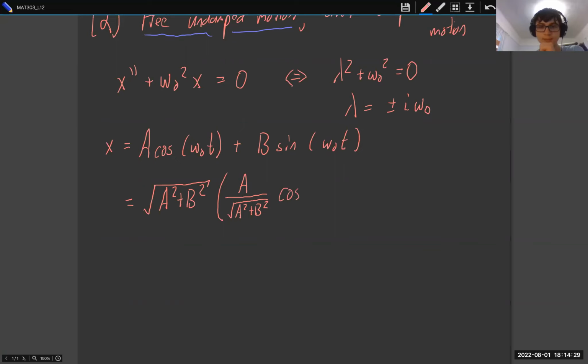It would lie on the unit circle. So in particular, there's some angle on which it is on the circle. And so we're able to find some angle, let's say delta, such that this is cosine delta and this is sine delta.